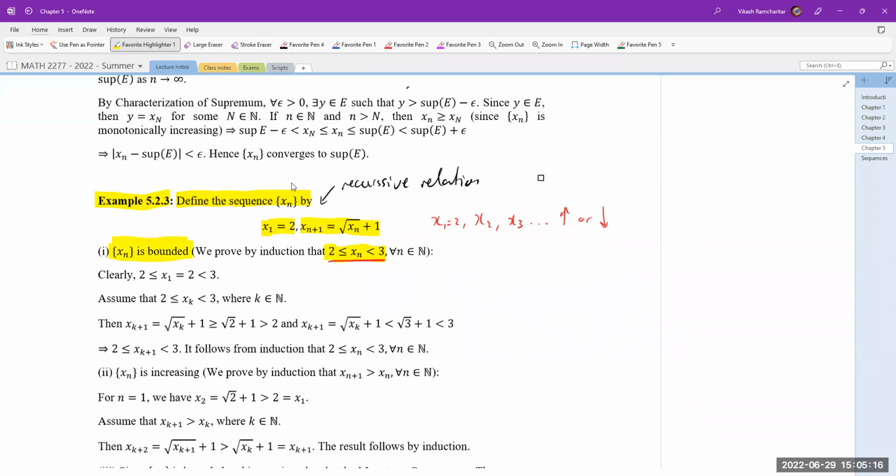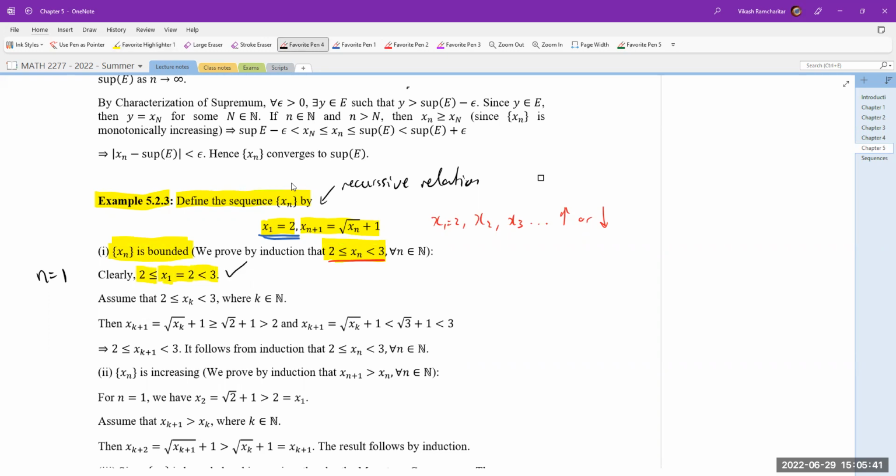So if you want to show the sequence is bounded between 2 and 3, we first need to show that the case holds for n equal to 1. So when n is equal to 1, x1 is given to be 2, and clearly 2 is larger than or equal to 2, and it's certainly less than 3.